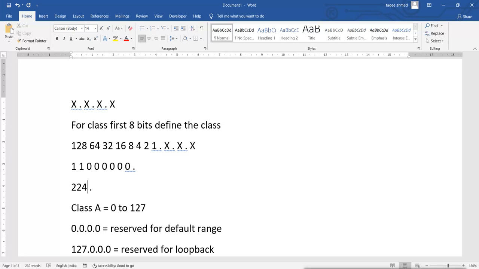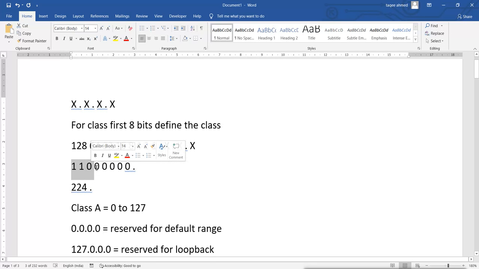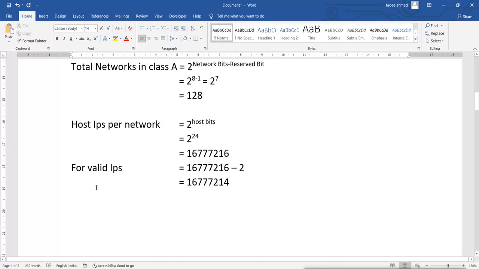So you cannot enable this third bit. So your reserved bits are 110. These 3 bits are reserved. You can do anything with the rest of the bits, but you cannot change the first 3 bits. So you have 3 reserved bits in class C.